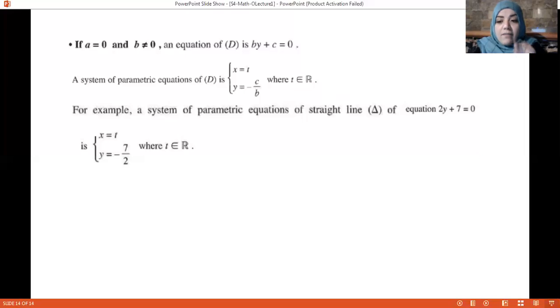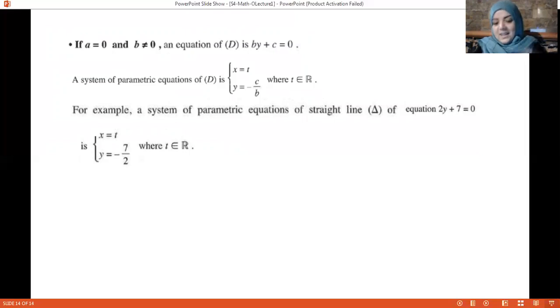So if you have any missing parameter, you should know that this equation misses something. If y misses the parameter, then there is no x. If x misses the parameter, then there is no y. Like this example, okay? Because y doesn't have a parameter, that means that the original equation doesn't have x.